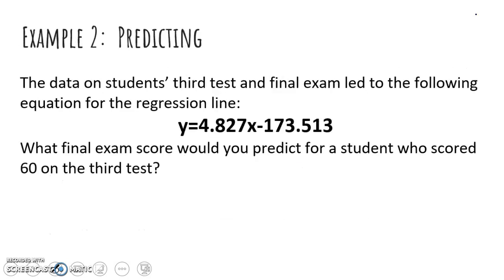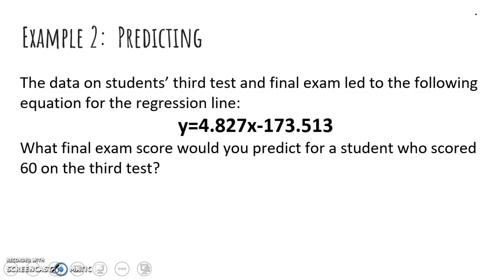Okay, let's look at example 2. The data on students' third test and final exam led to the following equation for the regression line. So we had this set of data points, and I believe we found this regression equation in the correlation and regression presentation. So what final exam score would you predict for a student who scored 60 on the third test?